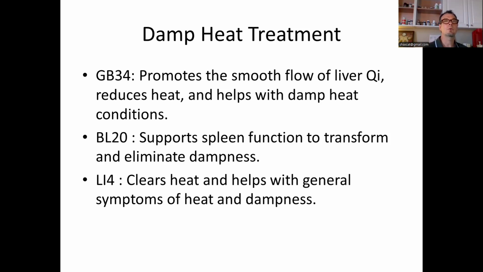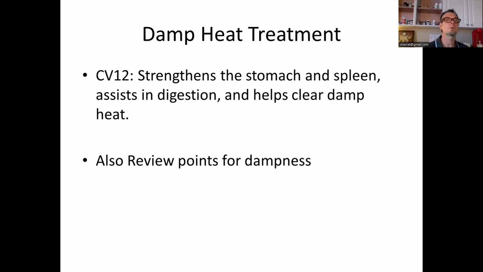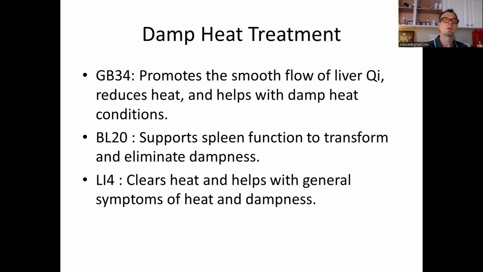Large intestine 4 combined with liver 3. I don't know if liver 3 was on here before. Well, it should be. I need to make a note of that. Especially if that heat's being generated by the liver, you want that combination of large intestine 4 and liver 3 to help get that chi stagnation flowing again, so it lessens the heat.